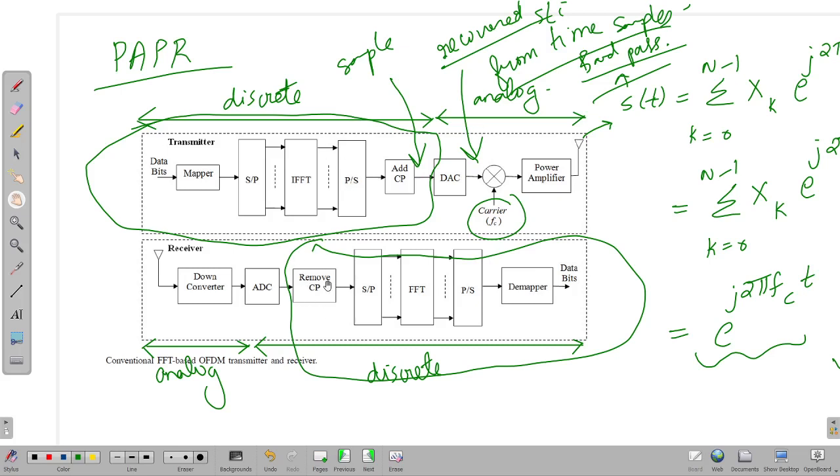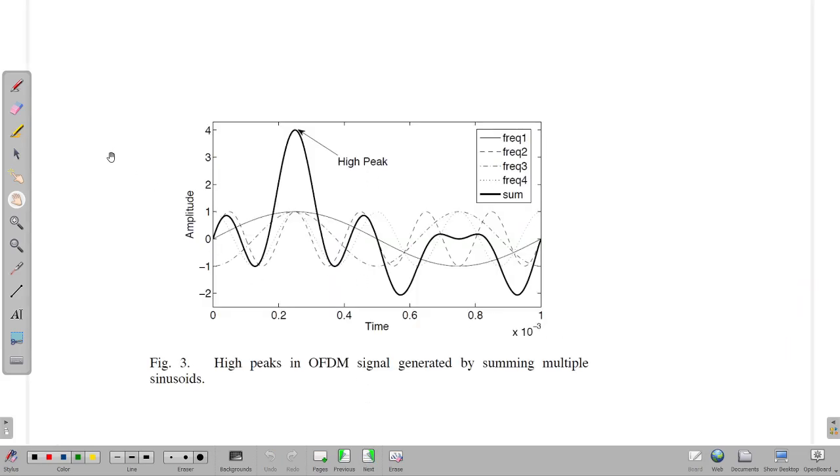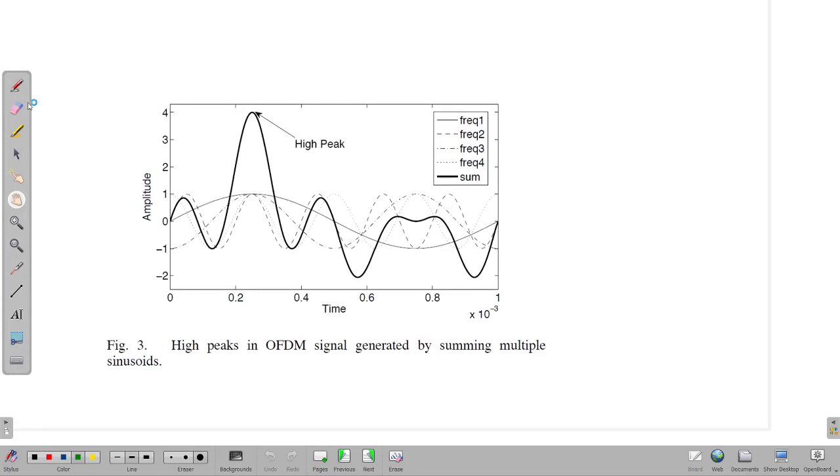Okay, let me just demonstrate this to you using this figure. Here you can see four subcarriers: frequency 1, frequency 2, frequency 3, and frequency 4. I've shown only four subcarriers, and you can see there are certain points, like this point, where all four subcarriers have the same phase.